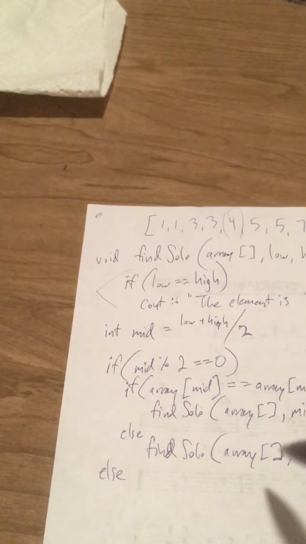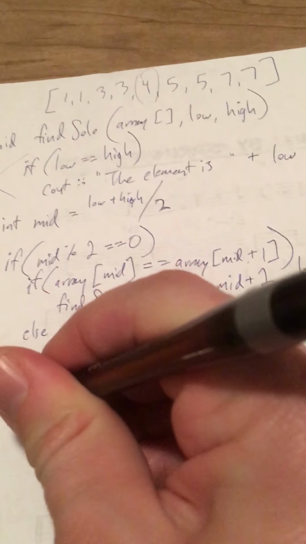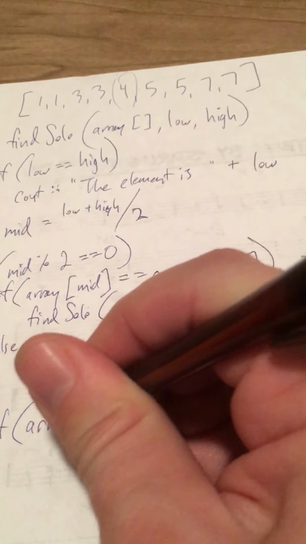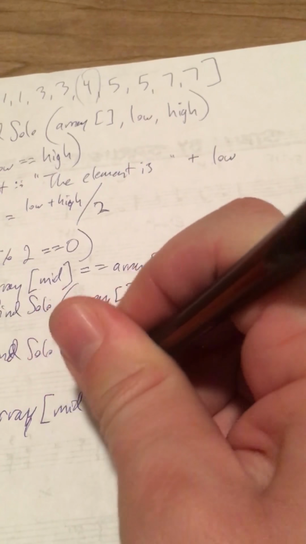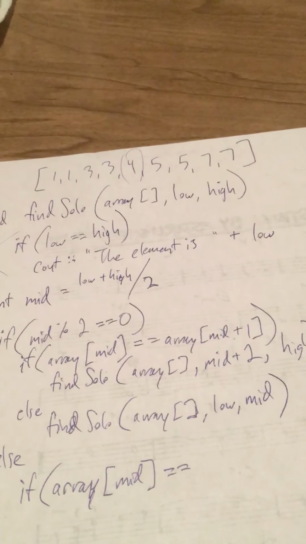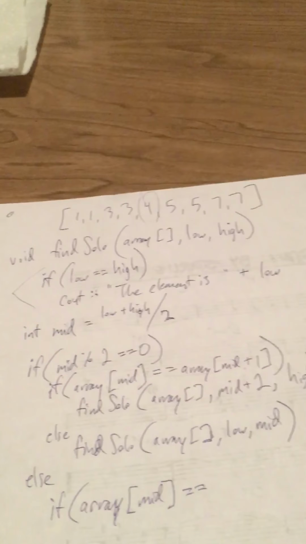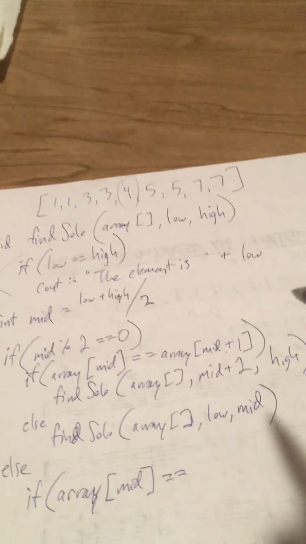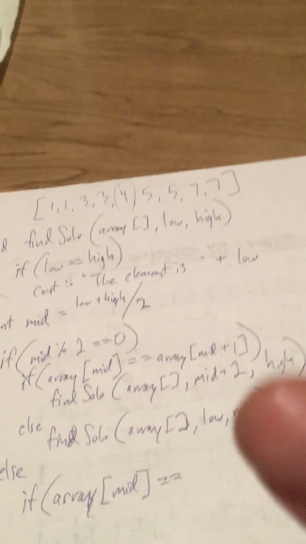If the middle element is not divisible by 2, then it changes a little bit. Then we are going to compare it the other way. We're going to compare mid to the one below it, mid minus 1.